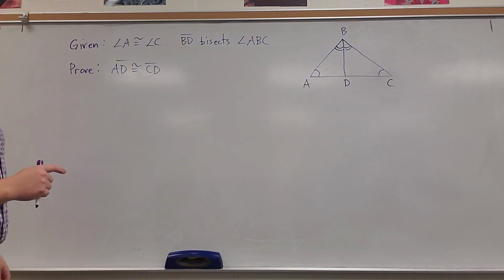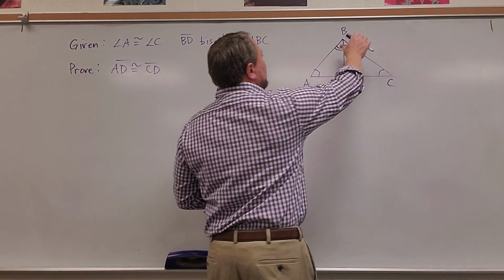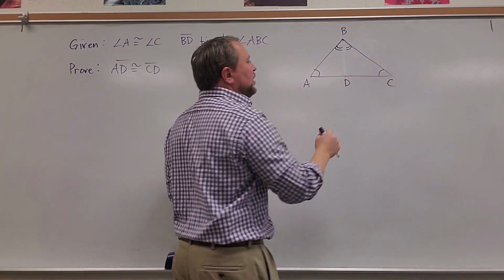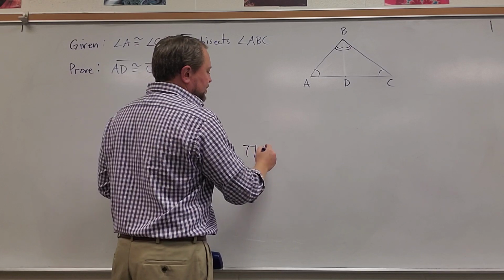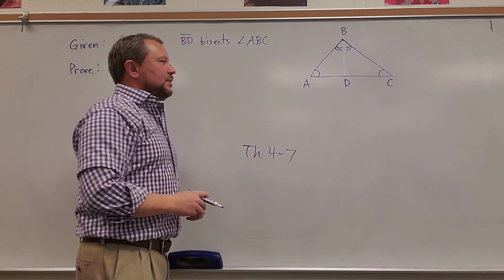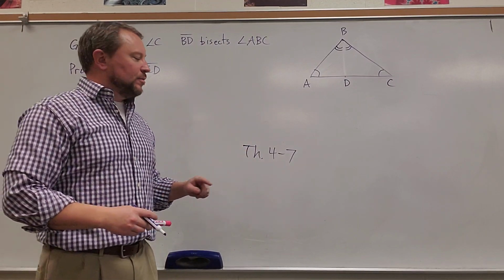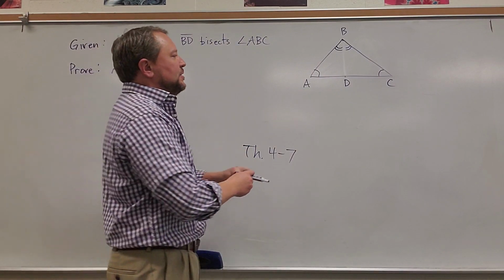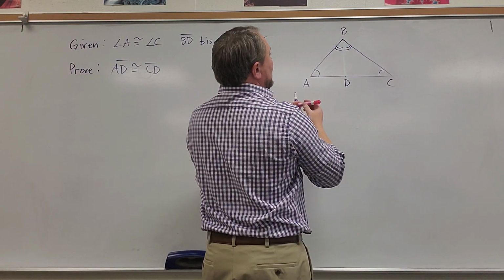But another thing you could do here after you've done that is ignore this segment down the middle, and we could use theorem 4-7, the second theorem of the two that I taught you today, 4-6 and 4-7. 4-7 is the one that says if the angles match, then so do the opposite sides.